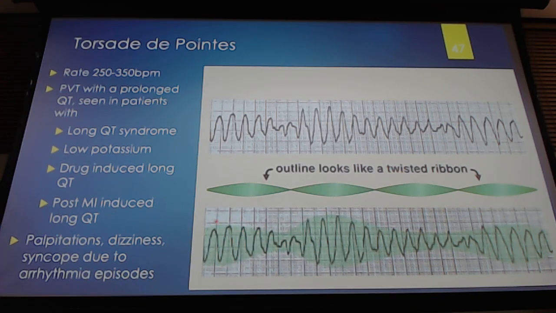And what it looks like is you have varying degrees of amplitude of your QRS complex. Yes, there are T waves in here, but they're in the wide QRS. So we have an amplitude of QRS that's a little bit higher here, and then it goes shorter, like in that area where the ribbon is twisted. And then it goes back higher amplitude, then shorter amplitude, and then higher amplitude, then shorter, like a twist.